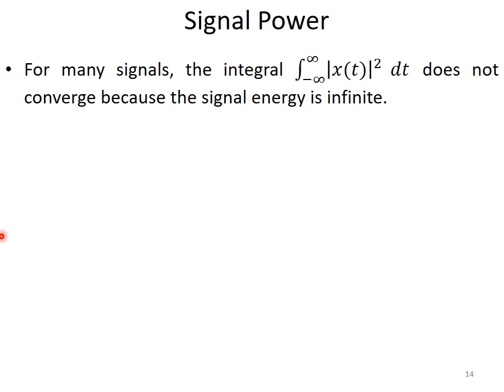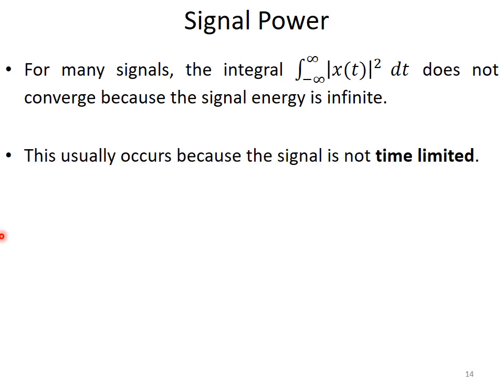It is a periodic signal, and you cannot find out the energy of that signal. So in that case, it is better to find out energy between a specific time. For example, for periodic signals, find out the energy for one complete cycle.